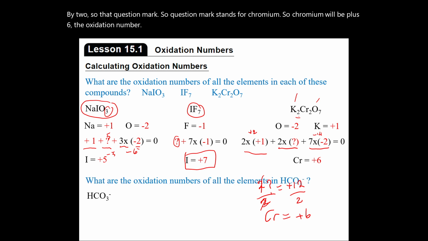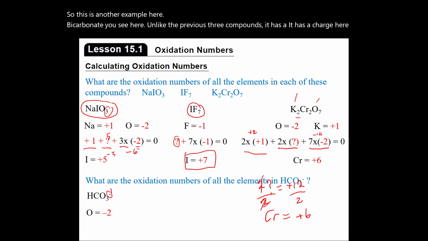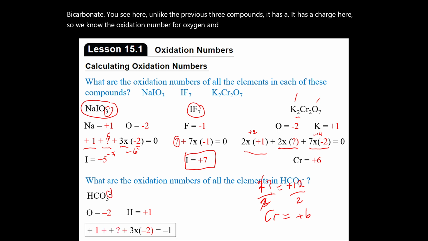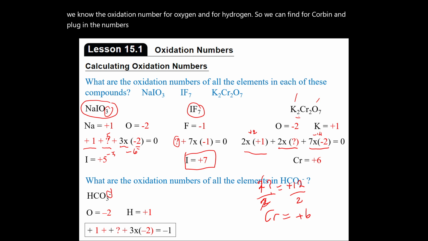So this is another example here. Bicarbonate. You see here, unlike the previous 3 compounds, it has a charge. So we know the oxidation number for oxygen and for hydrogen, so we can find it for carbon and plug in the numbers. +1 is for hydrogen, carbon is question mark, we don't know yet.